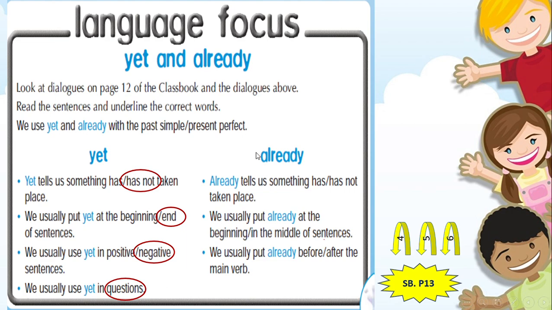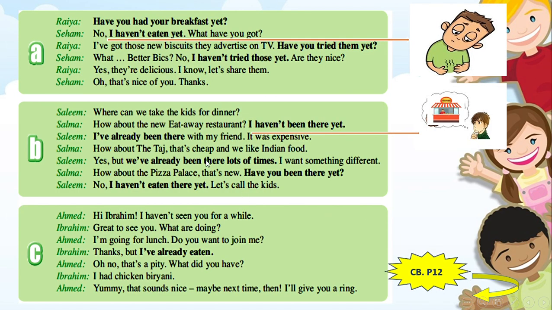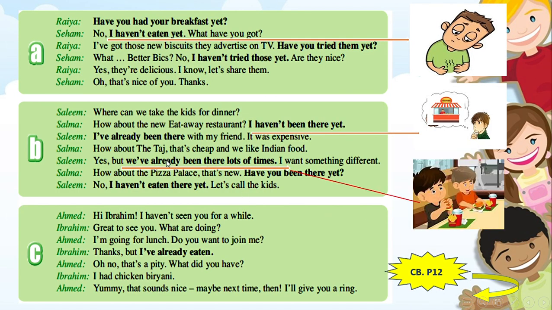Now, let us look at already. Already tells us something has or hasn't taken place, students. Let us go to the dialogues and discover that. Look at the sentence here. How about the Taj? That's cheap and we like Indian food.